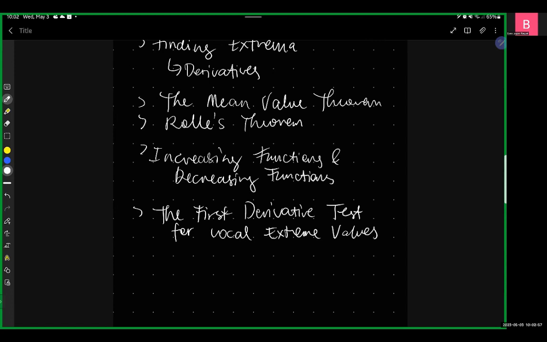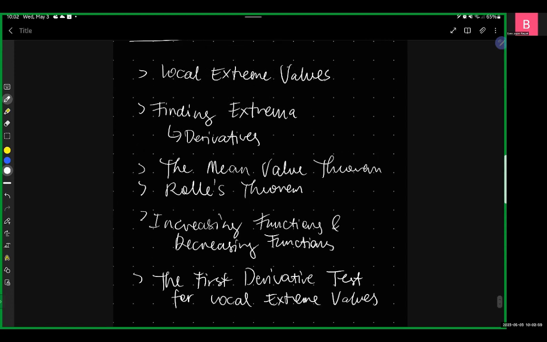If you want to do advanced reading, these are the topics to look for: local extreme values and finding extrema. For local extreme values, it is about when you can say that an extremum is global or only local. For finding extrema, this is basically using calculus only.